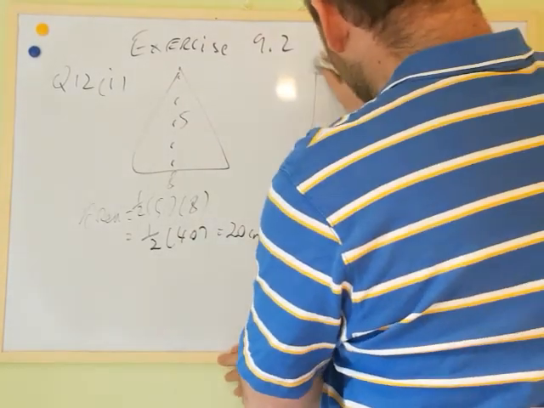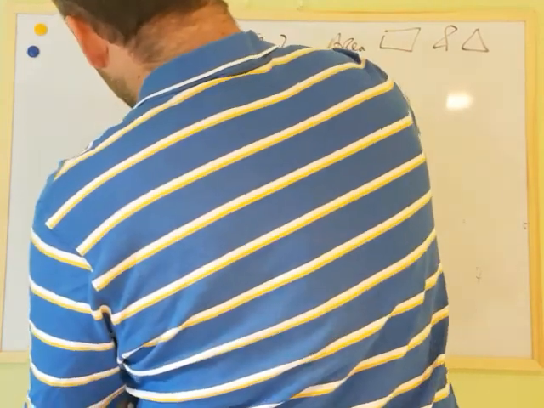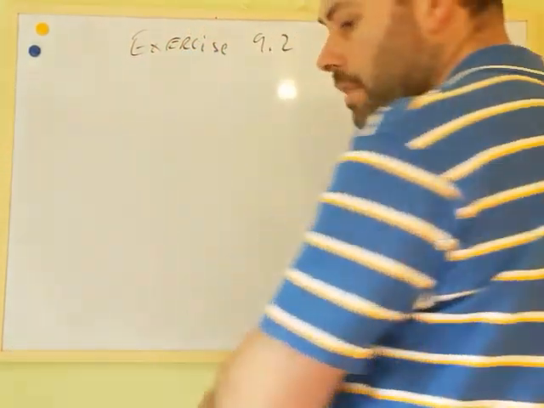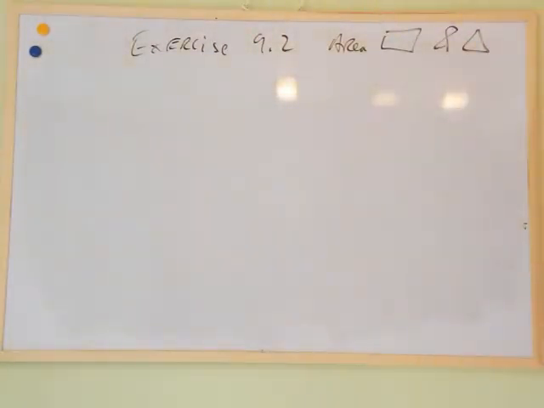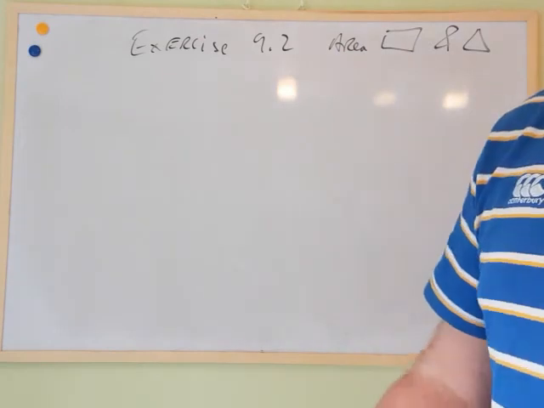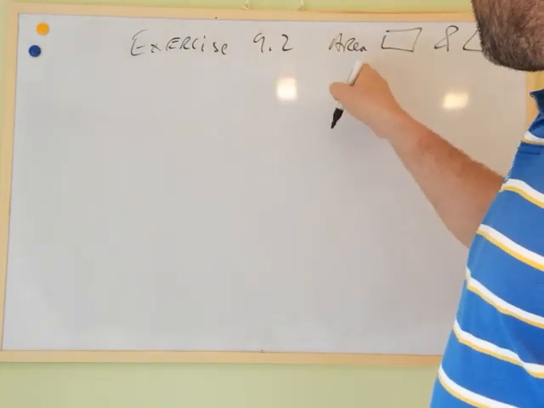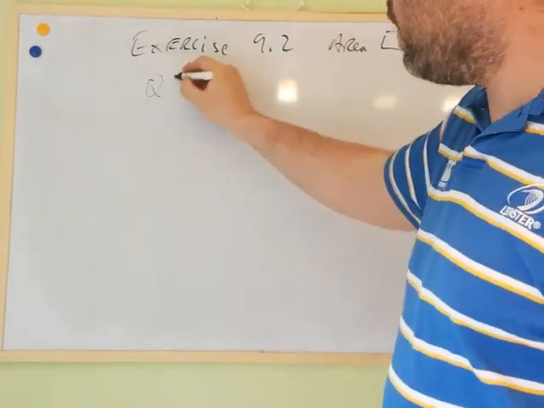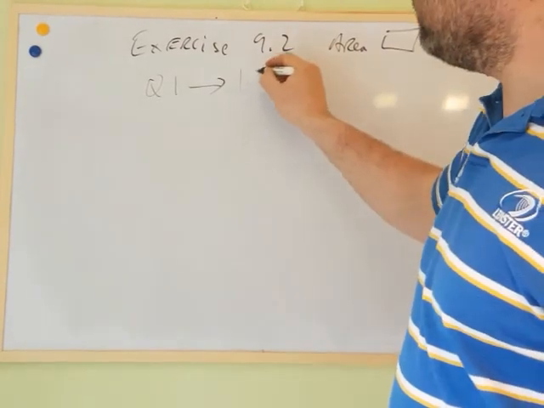For Monday, I want you all to have done, now, this is for Monday afternoon, okay? Not for Monday morning, right? For Monday 4 p.m., I want you all to do for me exercise 9.2, areas of rectangles and triangles, questions 1 to 13.